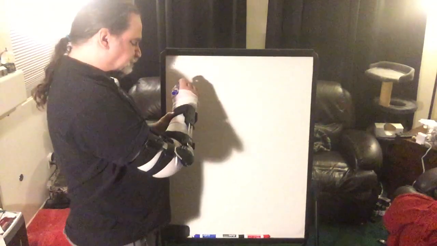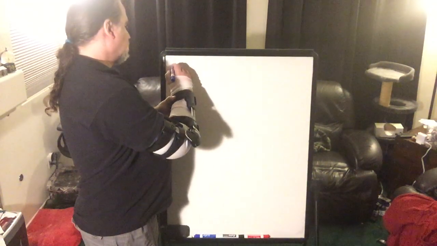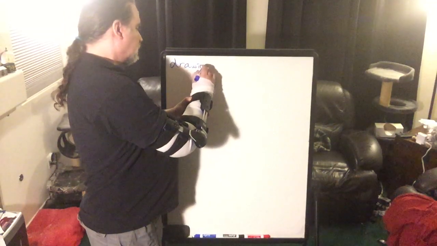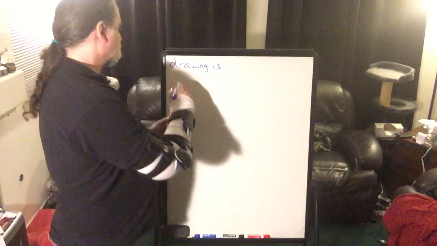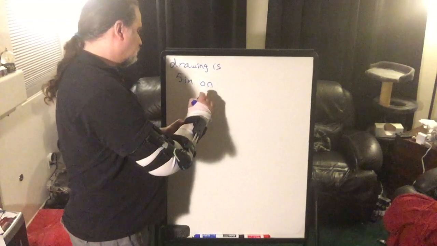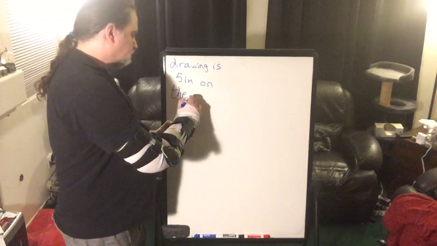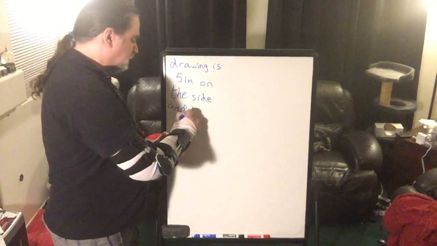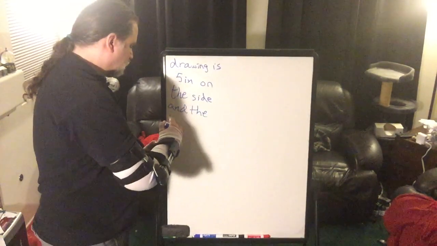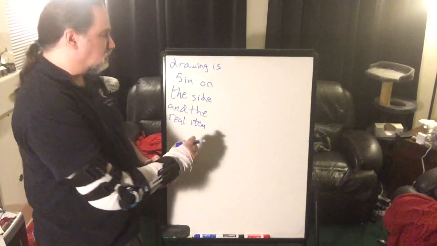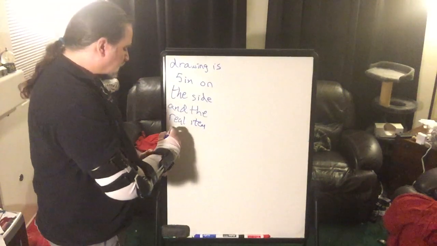So if I tell you that, let's say the drawing is 5 inches on the side, and the real item could be a building, could be a wall on the inside, something.